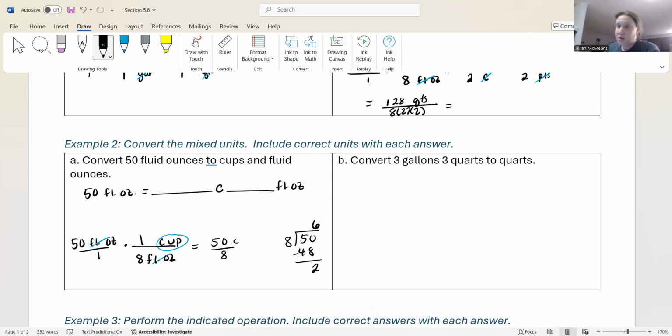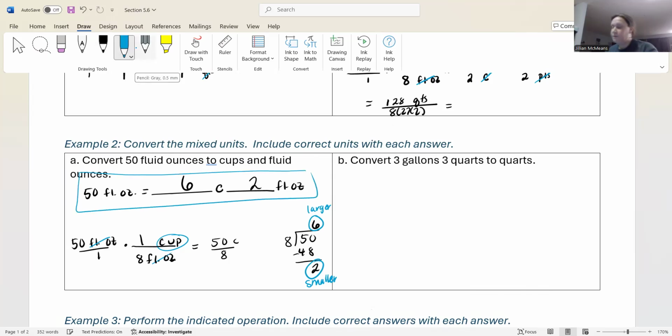Now remember, when we do this type of problem where we're breaking one unit into 2 other units, we use long division. The quotient is the larger of the units, and the remainder is the smaller of the units. So that tells me that 50 fluid ounces is 6 whole cups with 2 fluid ounces left over. This would be my final answer.